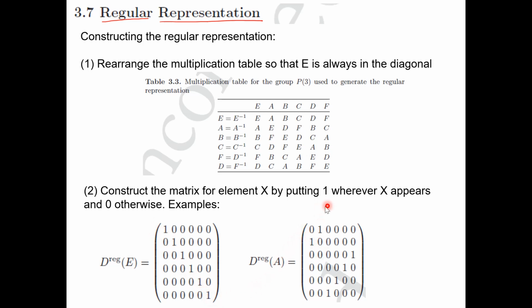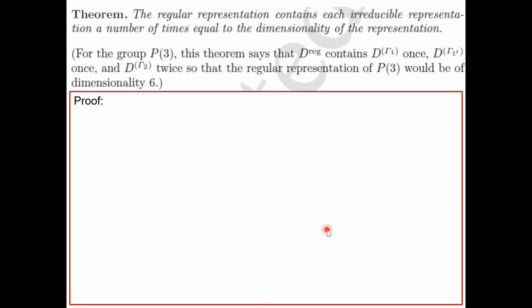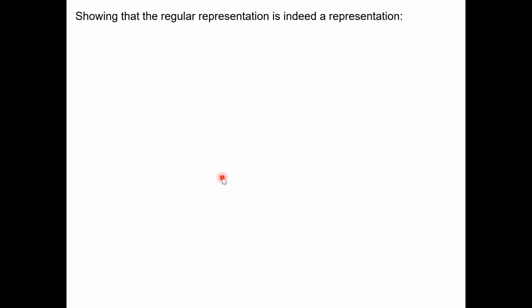And for all other matrices, since you have only zeros in the diagonal, the character is going to be 0. So this is going to be important in a minute. Okay. So let me first show you this result. I'm going to show you that the regular representation is indeed a representation of the group.